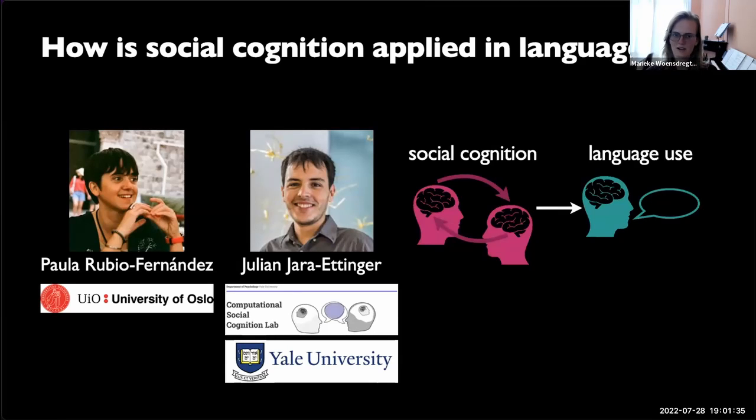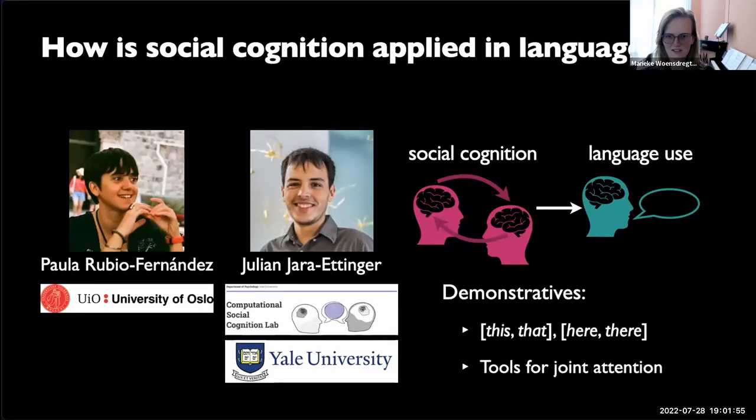And as I said, the overarching question for this project was how much social cognition is necessary for language use. But instead of focusing on, let's say, more complex pragmatic phenomena like, for example, scalar implicature, we instead decided to look at a more core feature of grammar, which is demonstrative systems, which are words like this versus that, or here versus there.